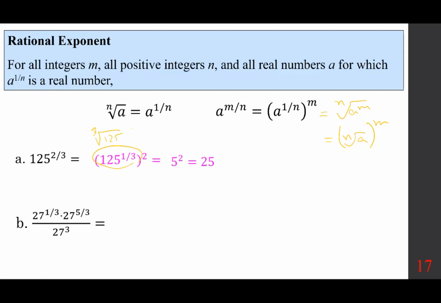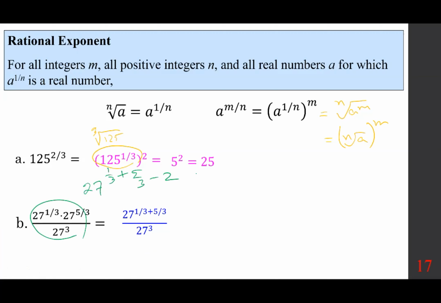Now, to simplify this, you can do this in one shot, everybody. Meaning, since the base is 27, you can say 27 to the power of 1/3 plus 5/3 minus 3. Let me write that. You can do it that way. You can write this as 27 to the power of 1/3 plus 5/3 minus 2, or combine the top first.